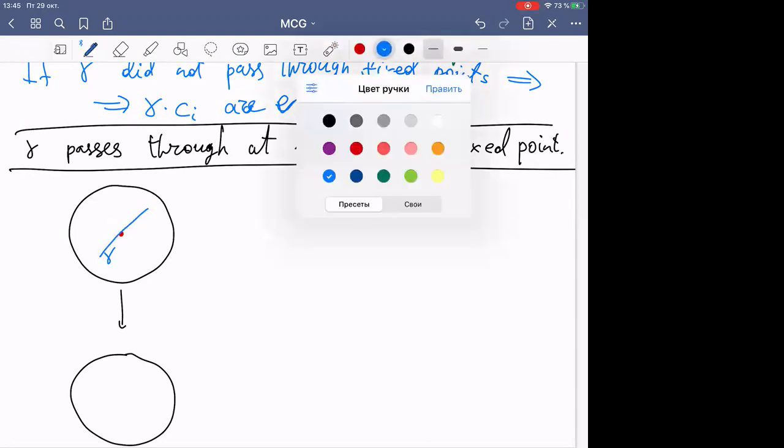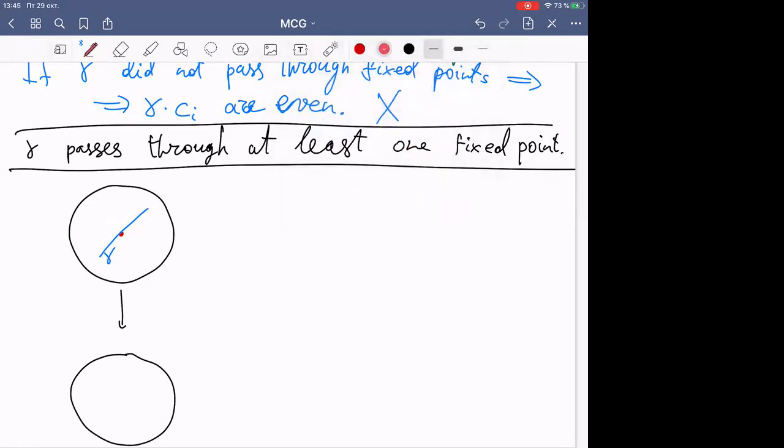And what we see is that gamma downstairs looks like an arc, gamma bar, which comes from this marked point with an endpoint in a marked point.